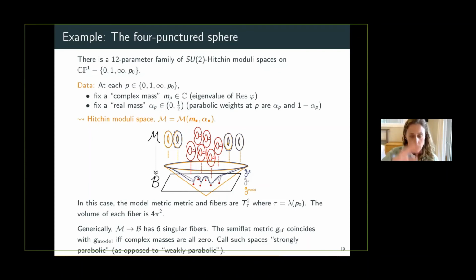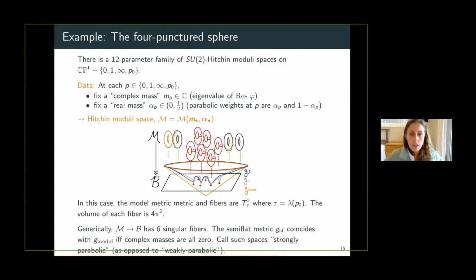So the Higgs field now has a simple pole, and so you can talk about its residue. And then you also need to fix some real mass, these parabolic weights, because now your Higgs bundle is not just a regular holomorphic bundle, but a parabolic bundle. So it has some flag structure and some parabolic weights.